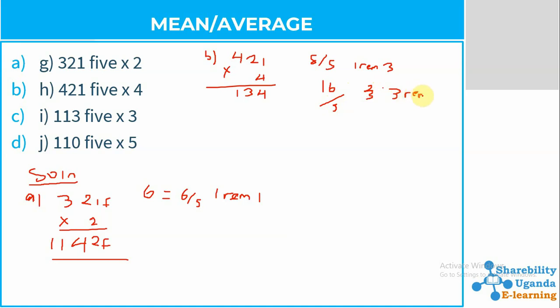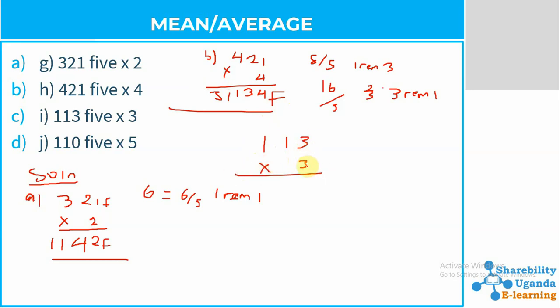So we say 3 remainder 1. All this shall still be in base 5. Then we have our other number, which is 1, 1, 3, 3.